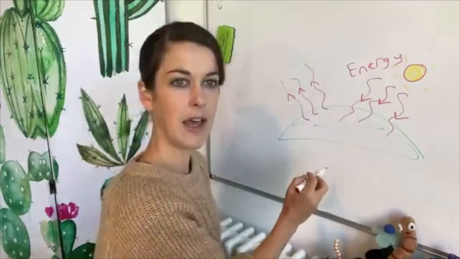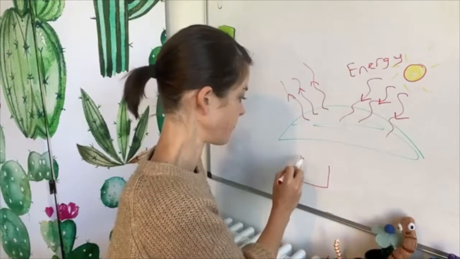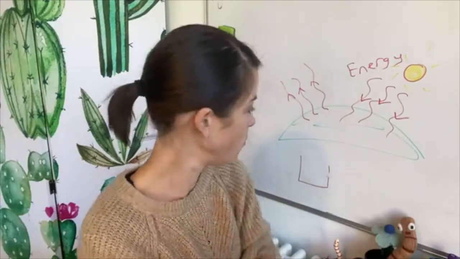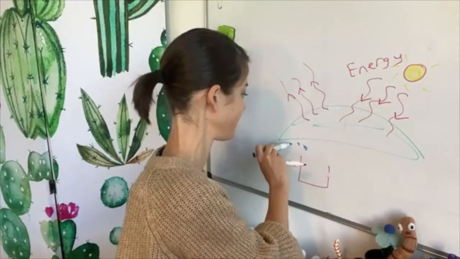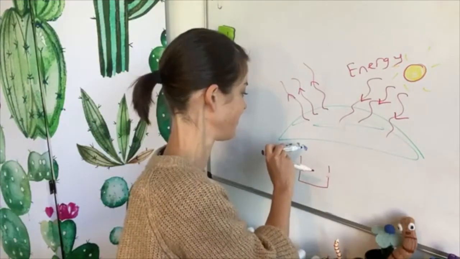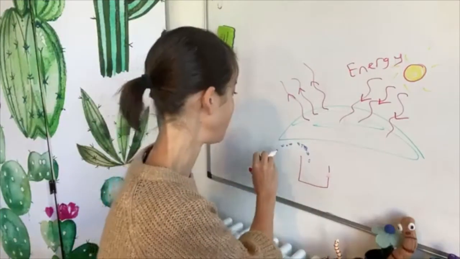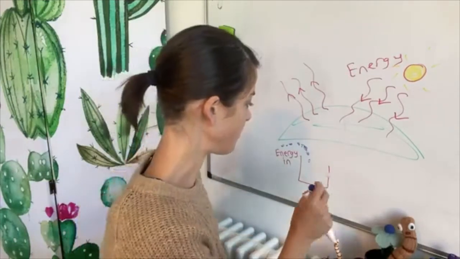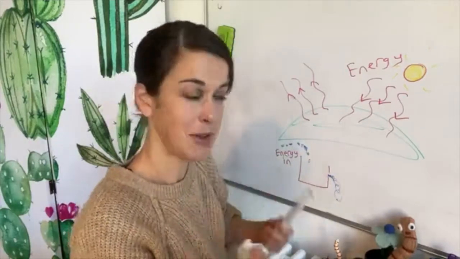We're going to get a yogurt pot with a hole in the side. And we're going to say that the water that goes into the yogurt pot, this is water going in, is the energy from the sun. And we'll say that the water that comes out of the hole is the energy emitted.